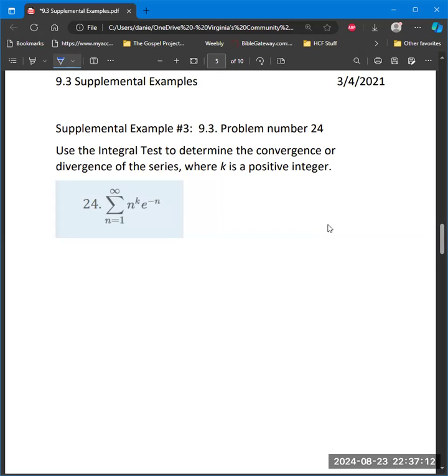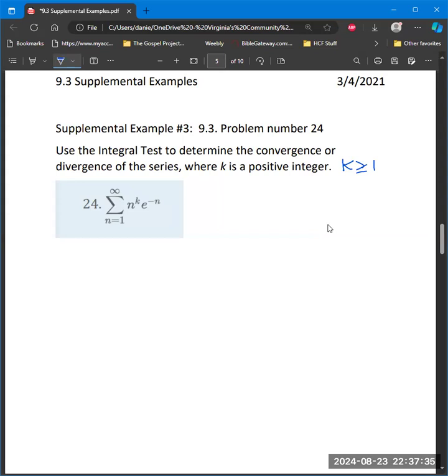It's just going to take more steps of integration by parts, but we're going to find the lowest case here. The lowest case is when n is equal to 1, and k needs to be a positive integer, so k needs to be greater than or equal to 1.